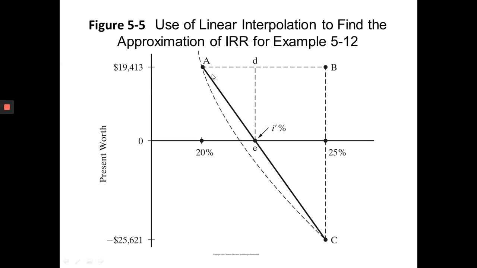AD divided by AB is going to be equal to the ratio of DE divided by BC, and so on.